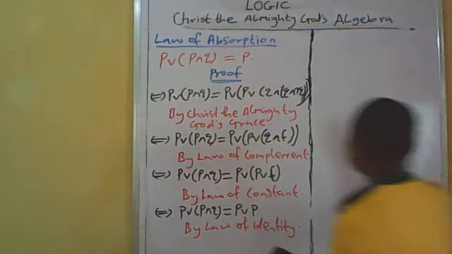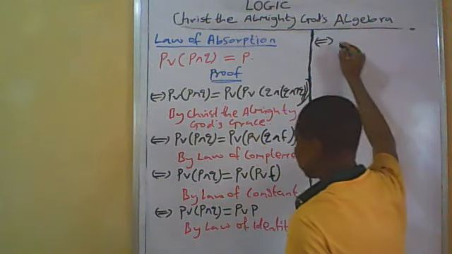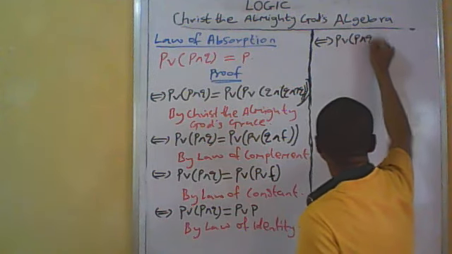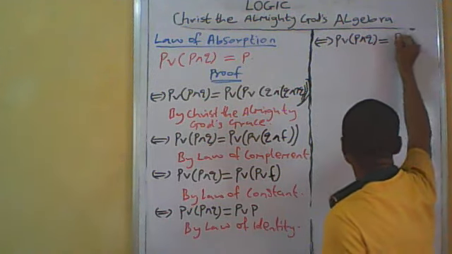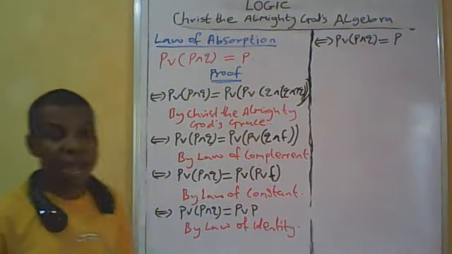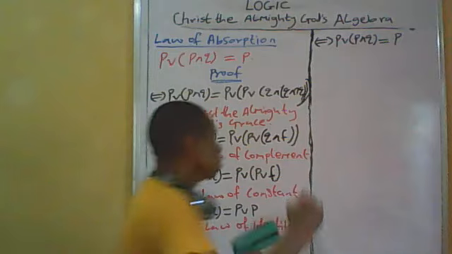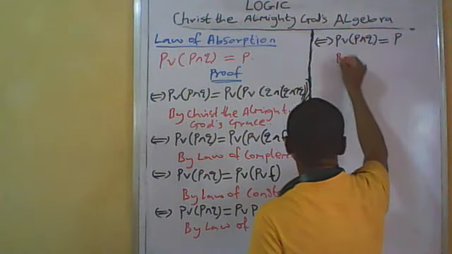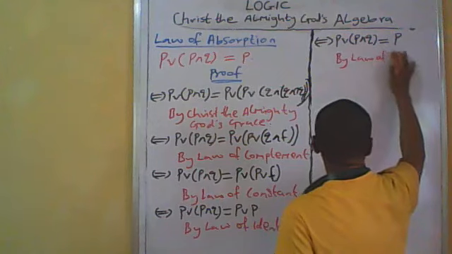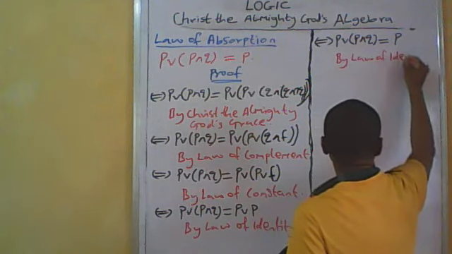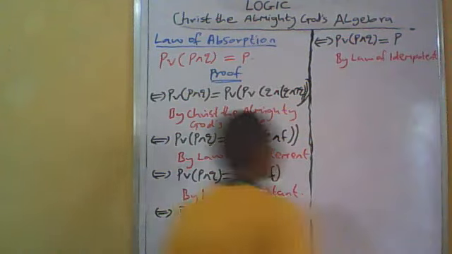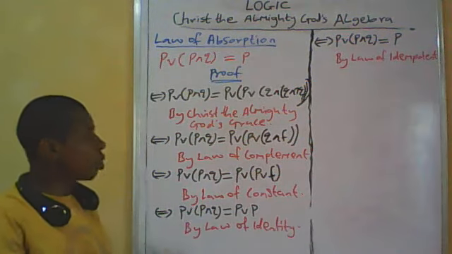So if and only if P or bracket P and Q is equal to P or P. We see that P or P is equal to P by law of idempotent, being justified by law of idempotent.